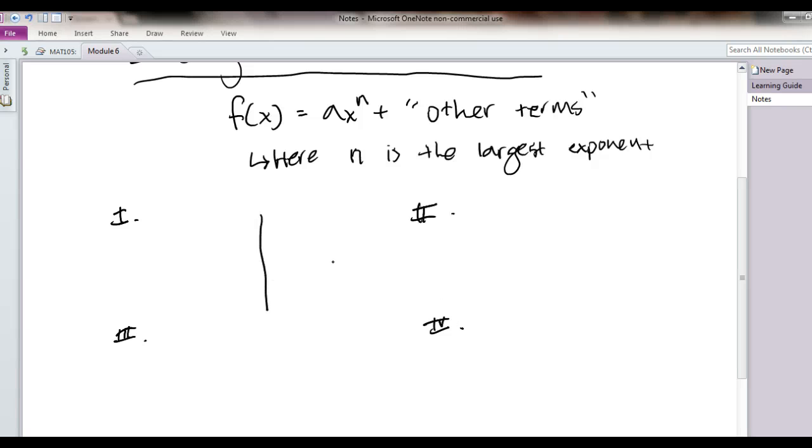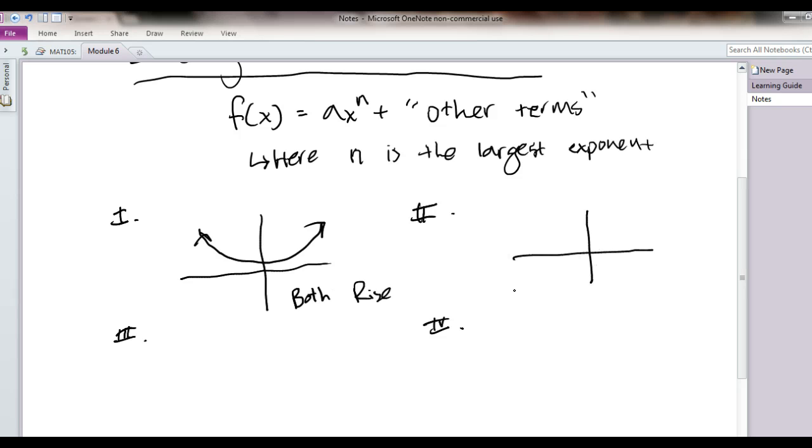So one simple scenario is eventually both sides will go up. So I think your book says both sides rise. Scenario 2 is you have something else where both sides end up falling. And then you have the scenario where you have one side rising and the other side falling.